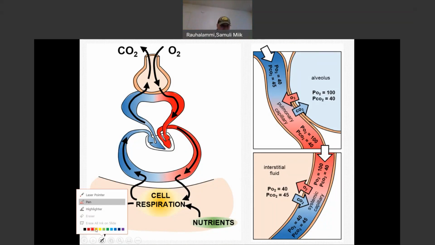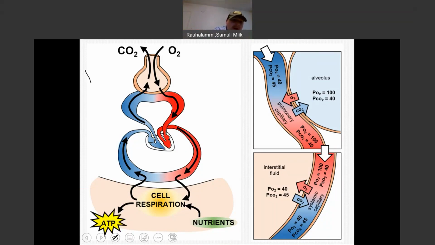So let's have a look at some of the important things that I really want to highlight out of this graph that we can talk about together. This first graph on the left-hand side of the screen shows the 4 phases of respiration. Let's start with pulmonary ventilation.